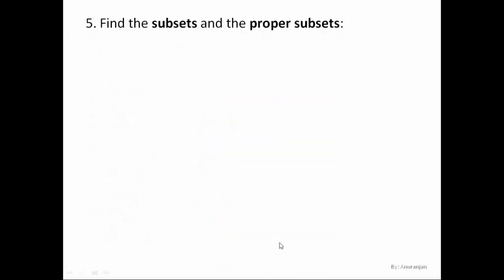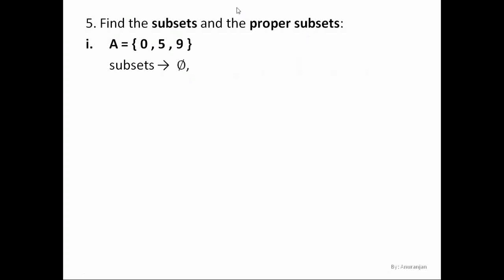Next, find the subsets and the proper subsets. Okay, so here we have to find the subsets and the proper subsets. So A is equal to {0, 5, 9}. So what will be the subsets of A? First, we all know that phi is a subset of every set, so we can say phi.